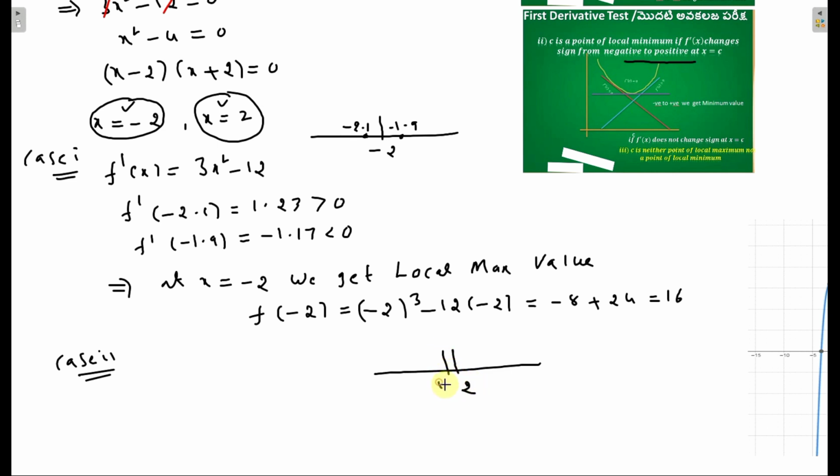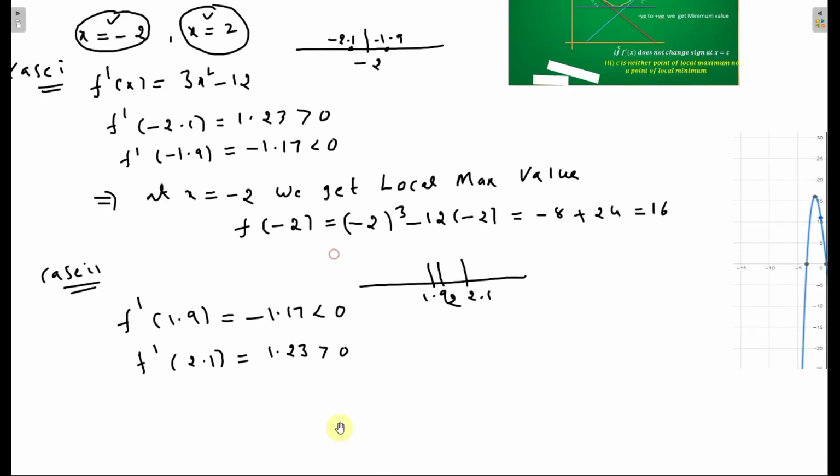The neighborhood of plus 2 is 1.9 on the left side and 2.1 on the right side. Now f dash 1.9, we will get minus 1.17, which is less than 0. Similarly, f dash 2.1 is 1.23, greater than 0.